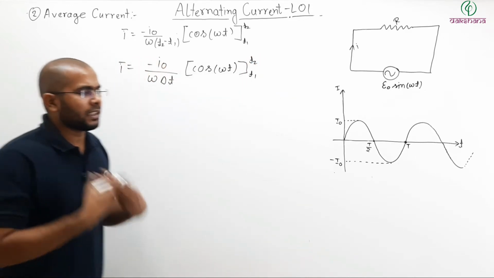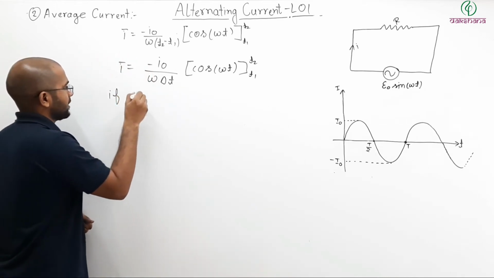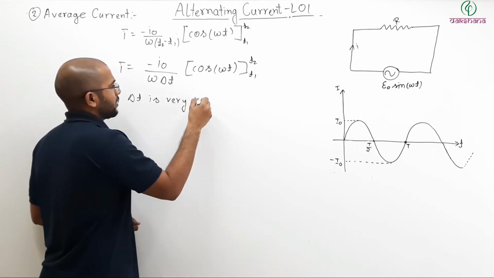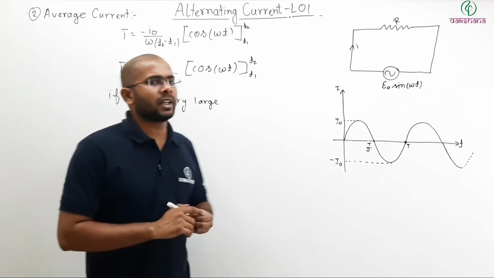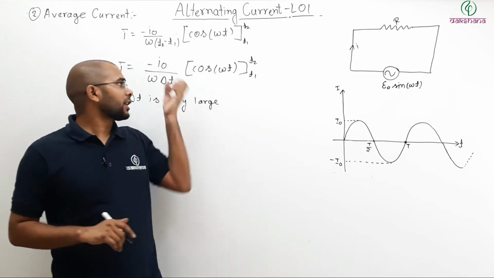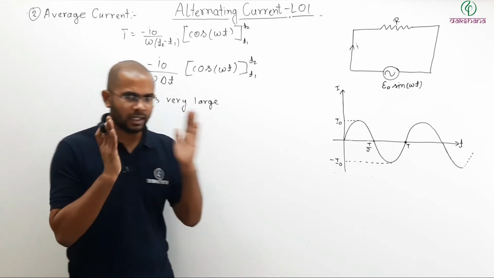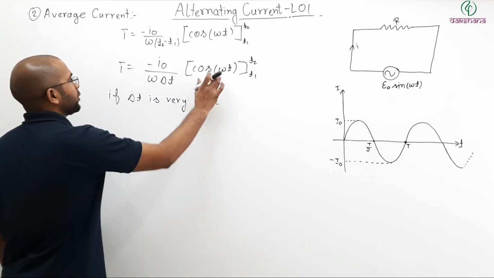Now if delta t is very large, meaning what? Your denominator has a very large value. But if you pay attention, what about the numerator?